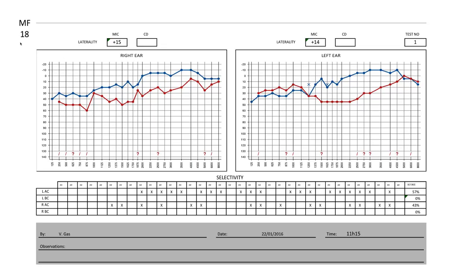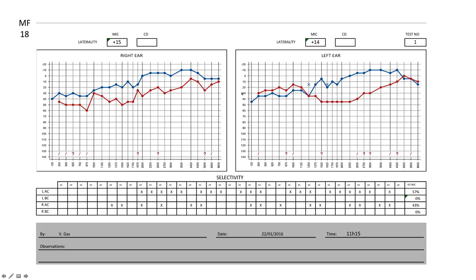If I just look at it like that, even without thinking about it, I would start with a T or an F program, just looking at this test. I don't want to go into the interpretation of the test because my goal is not there. But you see, selectivity is very close. We have a big gap between the air and the bone curve, both sides.